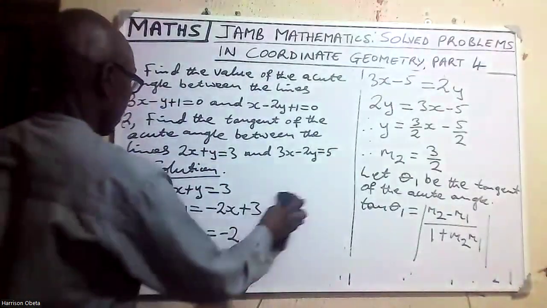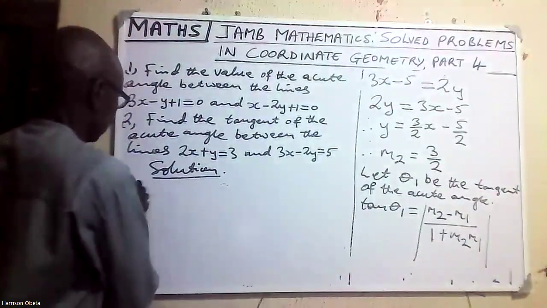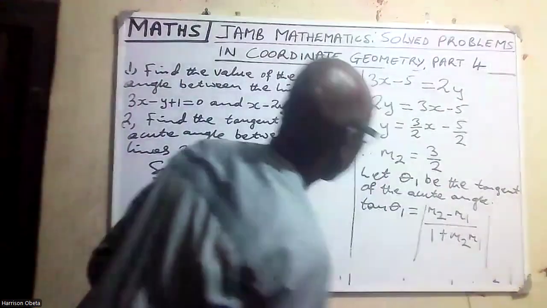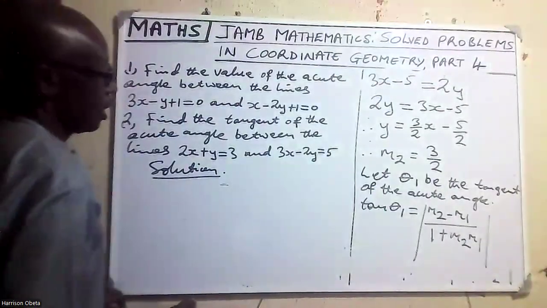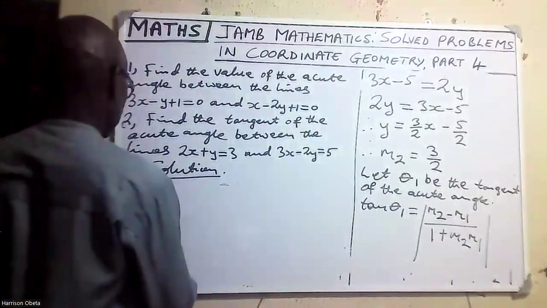We already have our m1 and m2. Our m2 is 3 over 2, and our m1 is minus 2.